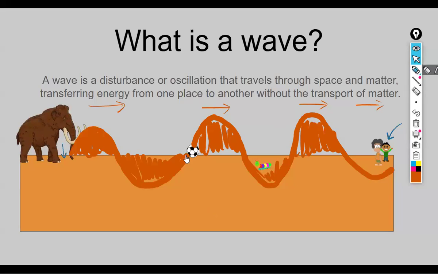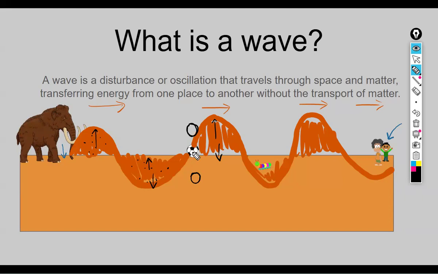A wave is actually the transfer of energy. You see the actual particles that make up the soil? They don't actually move forward, you know, the particles that make up the soil. The particles that make up the soil only go up and down. They only go up and down. In other words, the ball might just rise a little bit, but it will rise vertically and then it will go downwards vertically.